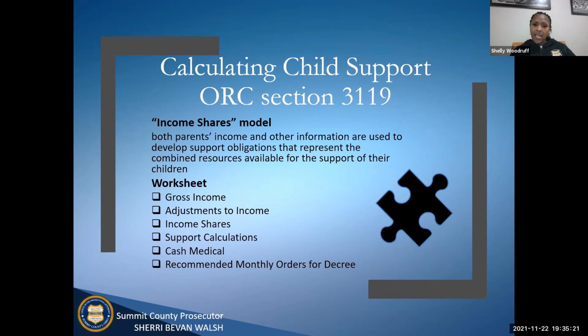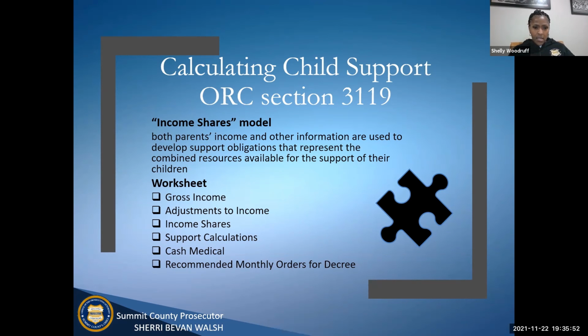If that's not the case and they're trying to get employment or they're at least looking for employment, then we will try to come up with an amount that they can pay so that that child can receive some type of support, maybe not the full monthly obligation, but we try to work with them to see what they can come up with to pay so that we can get their license reinstated and allow them the opportunity to try to find employment.